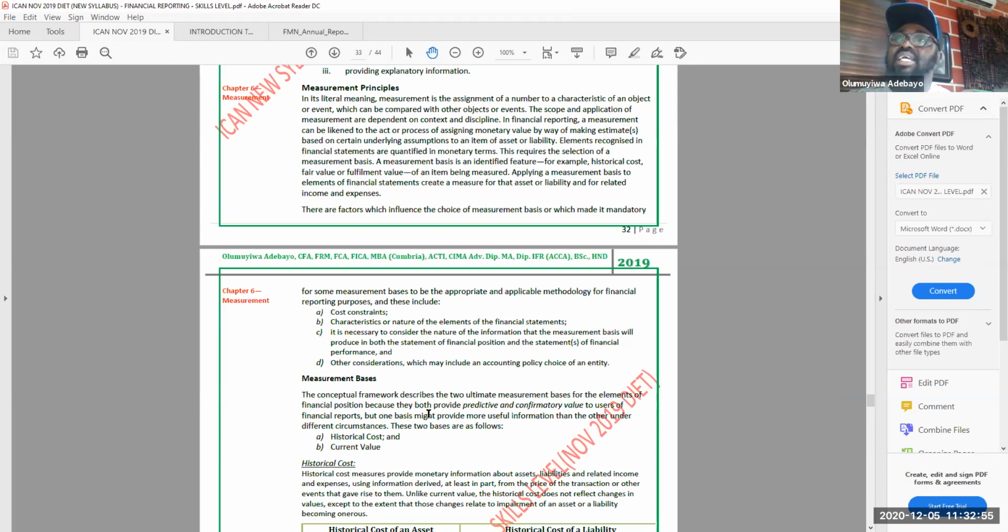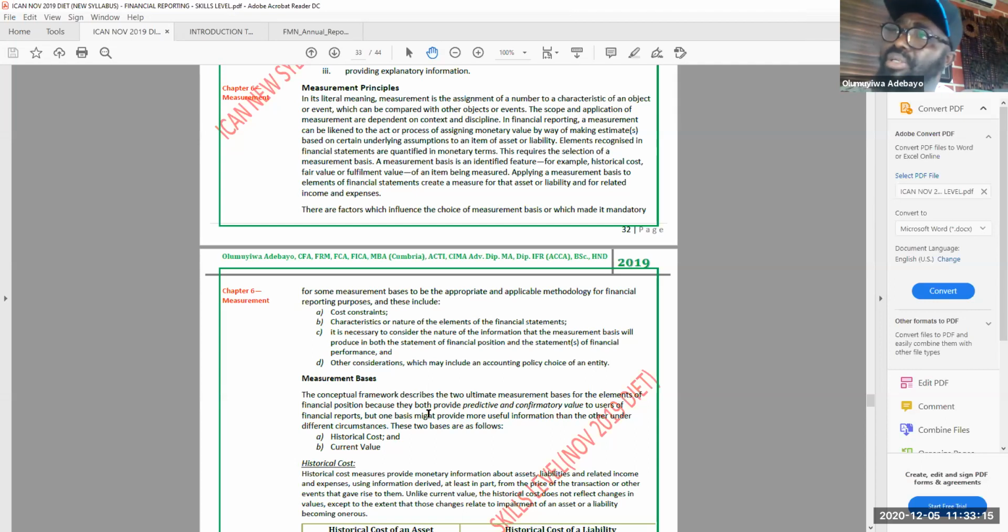All of these are the process of obtaining a value or an estimate of a value for an element of financial statements. This process is what we call measurement.